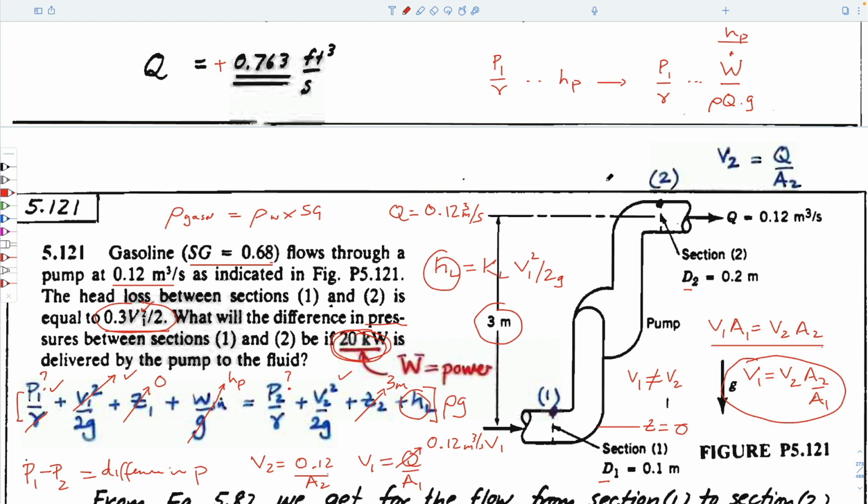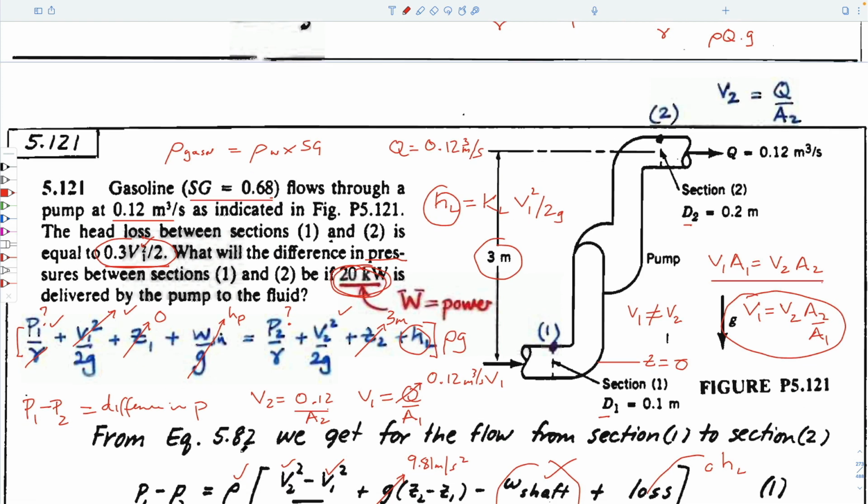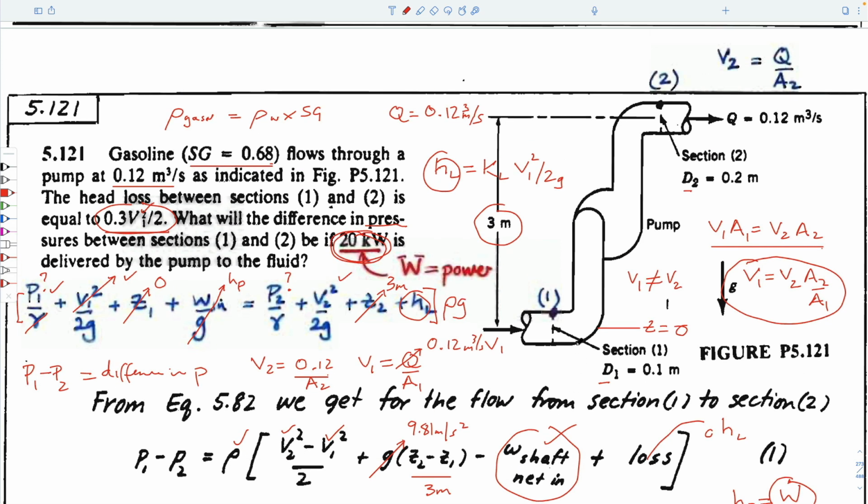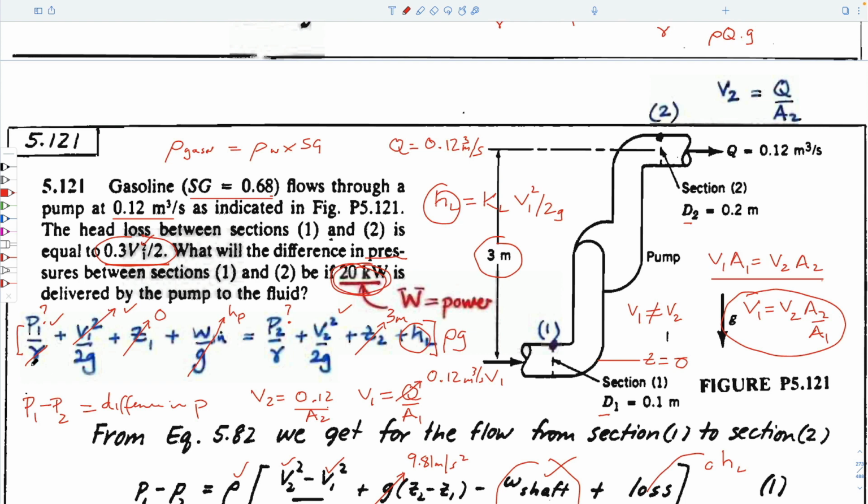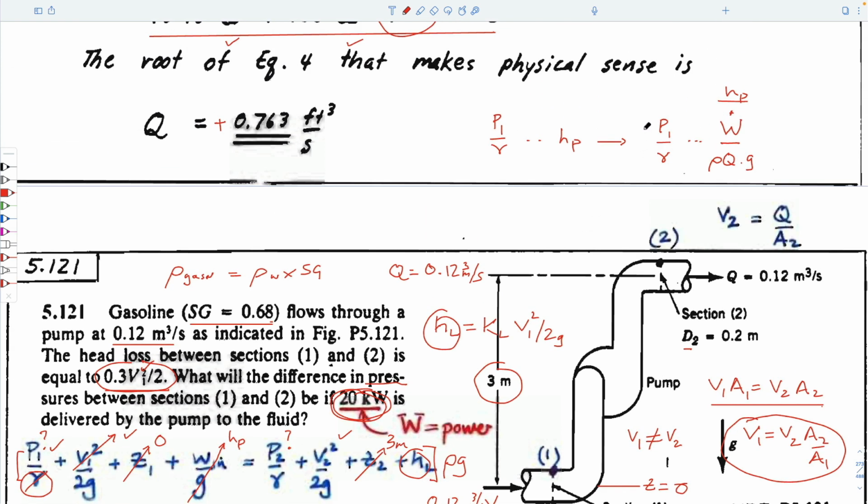And so what they have done here to get from this equation to this equation is that we've multiplied both sides by this unit weight, which is rho g. This is unit weight, which is the same as this. And we've multiplied this by rho g. And so as a result of that, we've dropped this term here. We've dropped this term here. We've dropped this term here.